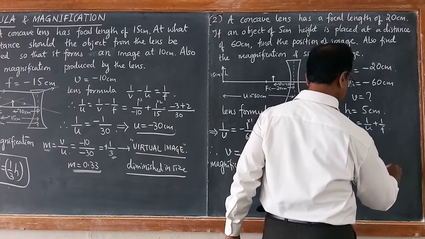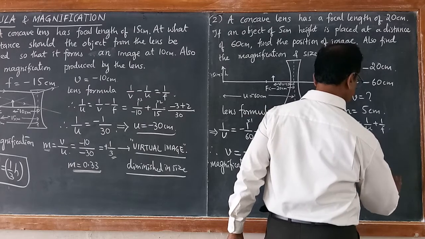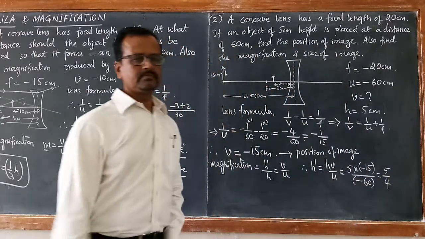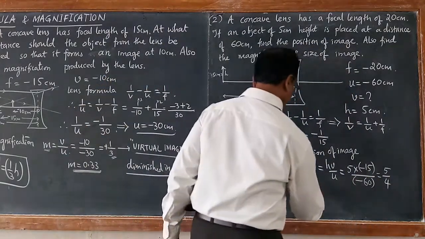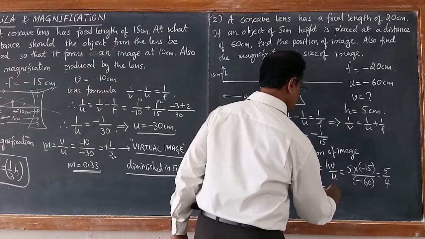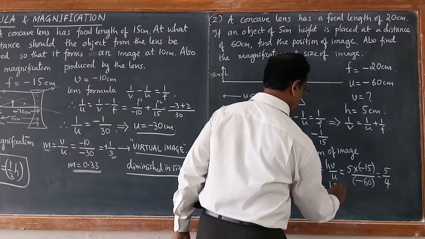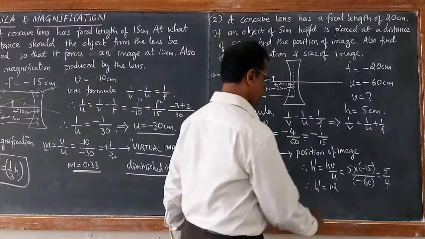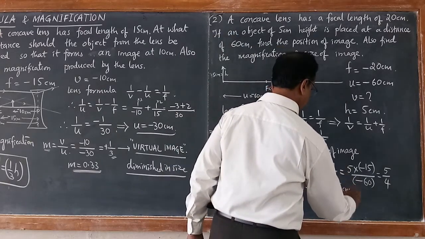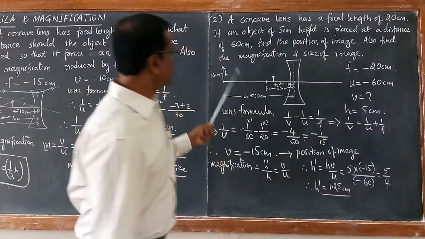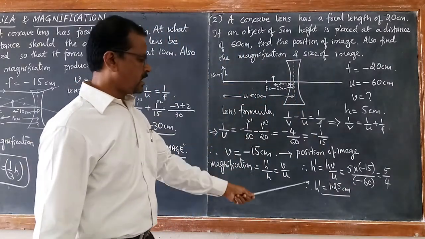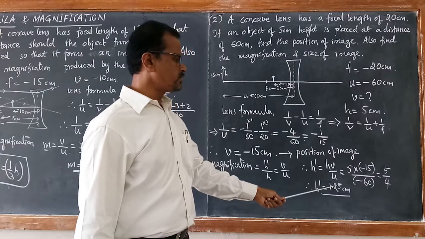So it becomes 1 by 4. Therefore, h dash becomes 5 into 1 by 4, that is 1.25 centimeter. So height of the object is 5 centimeter, height of the image is 1.25.